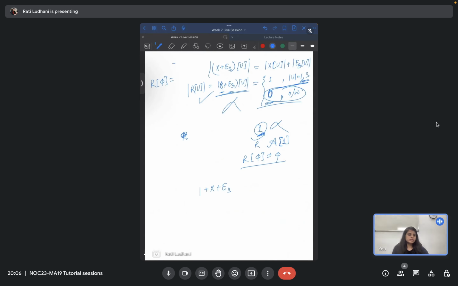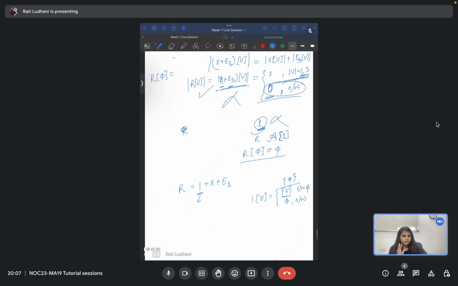If you take r to be 1 plus x plus e3, then make sure that there is one structure on 5, right? Because 1 of u is exactly u if u is equal to 5, and 0 otherwise. So this means there is one structure, because this is exactly 5. So when you take u to be 5, then you are having a structure. That was the requirement you needed.